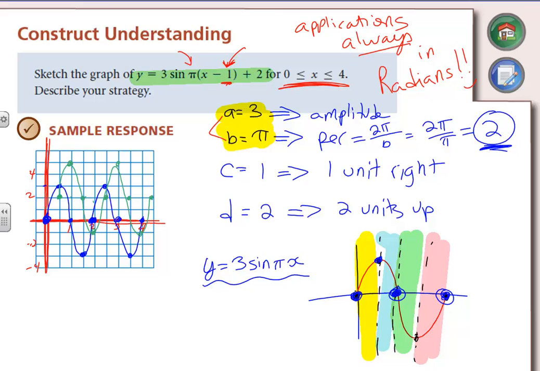But we're asked to do between 0 and 4. I haven't started at 0 with this so far, and I'm going past 4. I can only go here. So I need to take my graph, I'll do it in a darker color so you can see it.